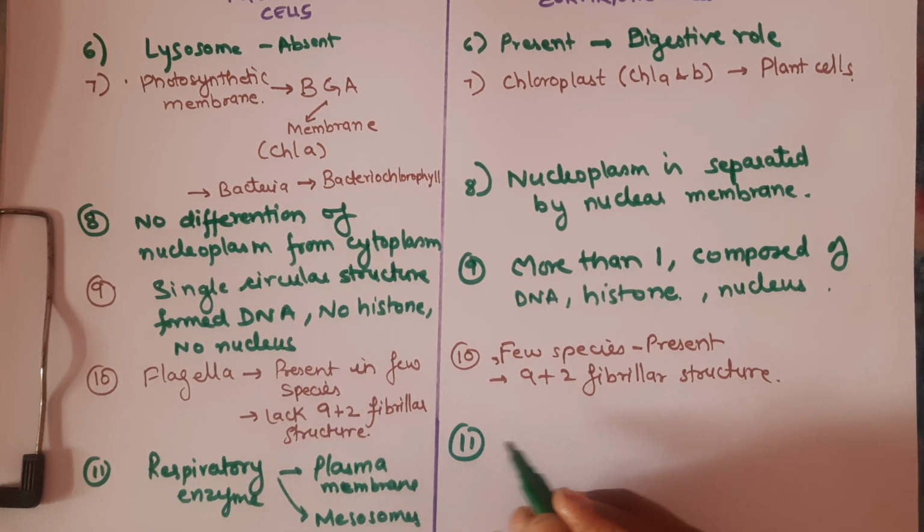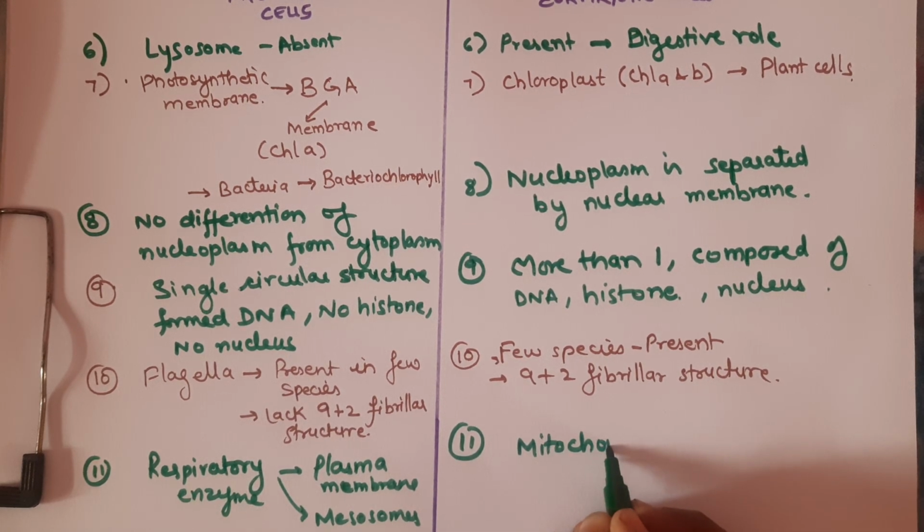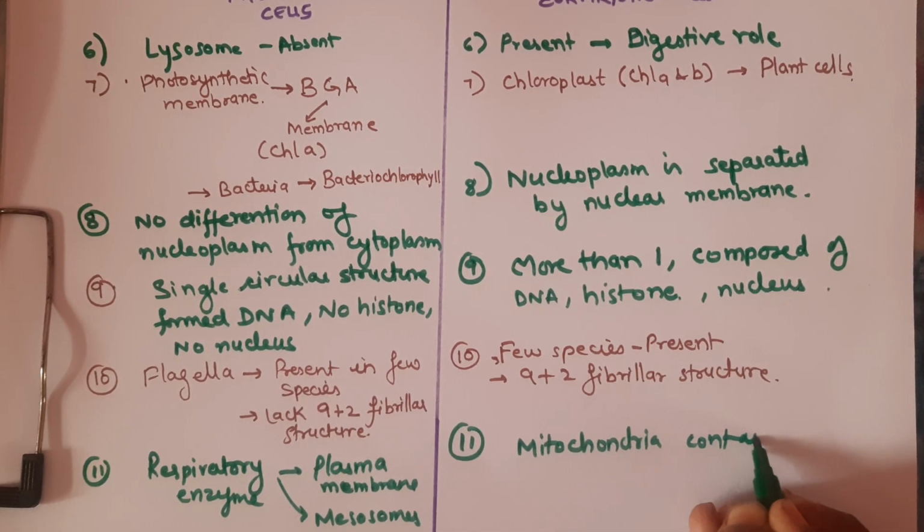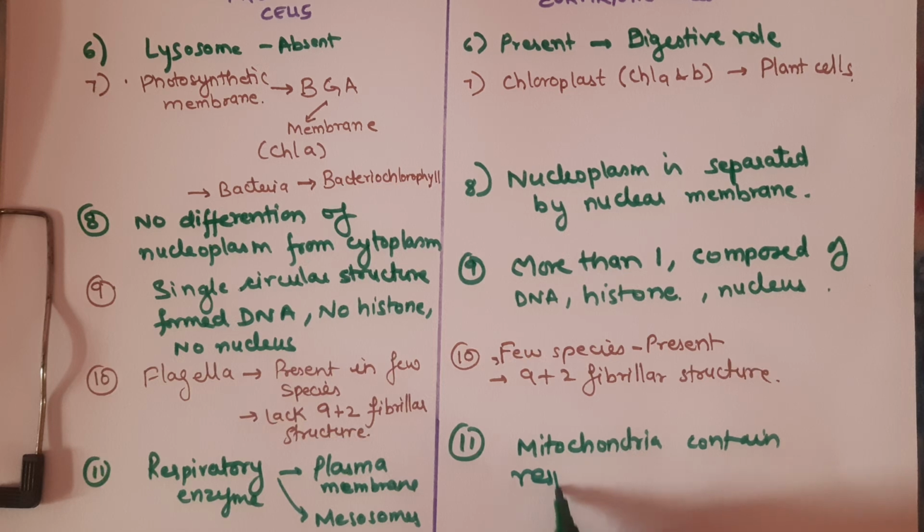Whereas in case of the eukaryotic cell, the respiratory enzymes are present in the mitochondria. So mitochondria contain respiratory enzymes.